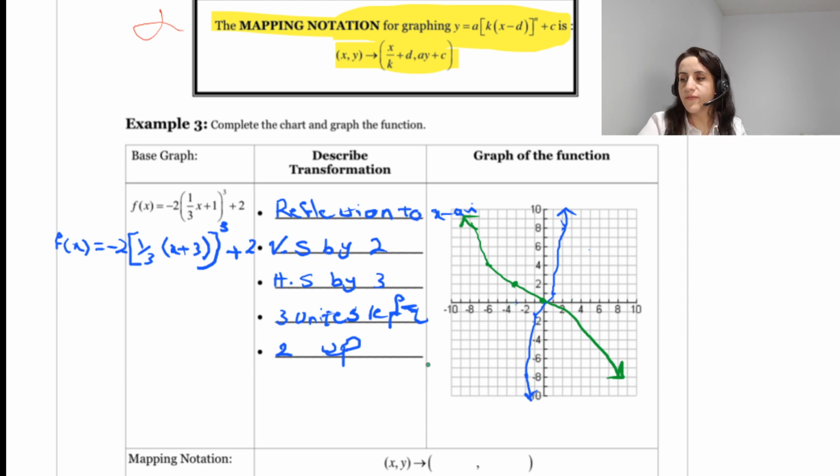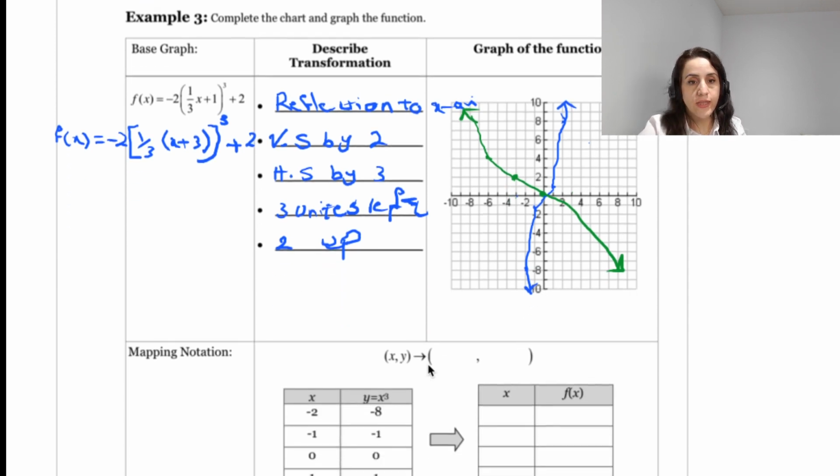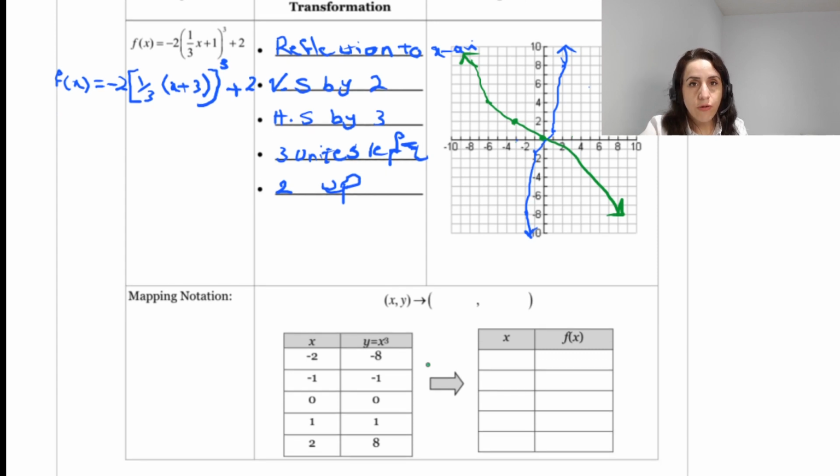There is another way of doing this question that I really like when you have an actual point. When you have an actual point, it's much easier when you are doing the graph.